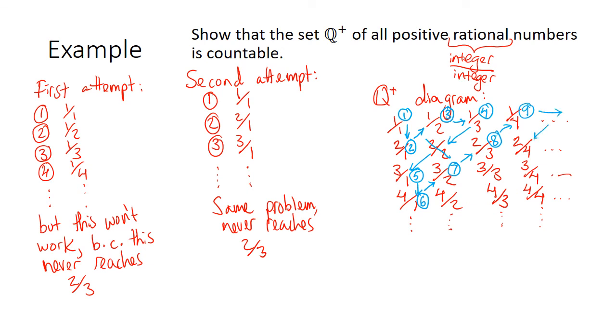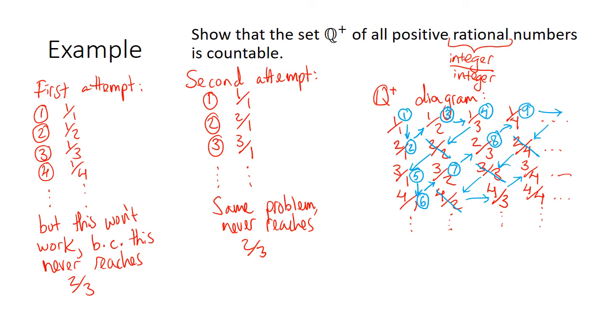I'm going to go over, down, down, down, and then back and forth like this. Whenever I come to one that I've actually seen before in a less reduced fashion, like 2 over 4, which is the same as 1 over 2, I'm just going to skip it. 3 over 3 is the same as 1 over 1. 4 over 2 is the same as 2 over 1.